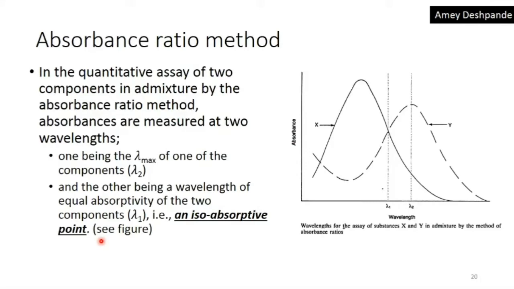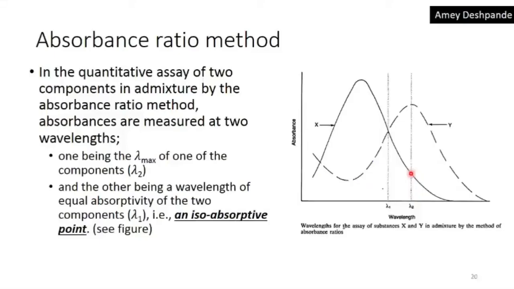Now, no matter if you take different ratios of concentration of substance X, at all concentrations, the ratio of absorbances at lambda 1 and lambda 2 is constant. I repeat this statement.